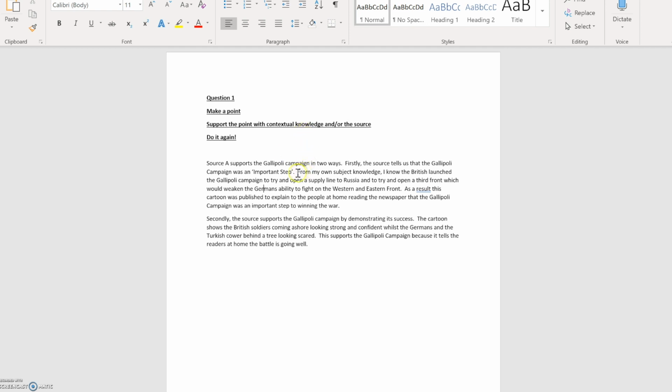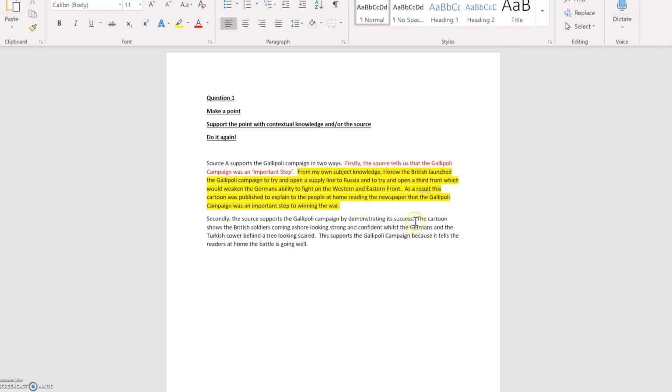So what I've done here is I've made a point, which I'll do in red, and then I've explained it, which we'll highlight in yellow. Whilst I've explained it, I've used a little bit of my own subject knowledge, and as a result of that, I'm going to be picking up 2 marks. I'm going to be picking up a mark for making the point. I'm going to be picking up another mark for the explanation.